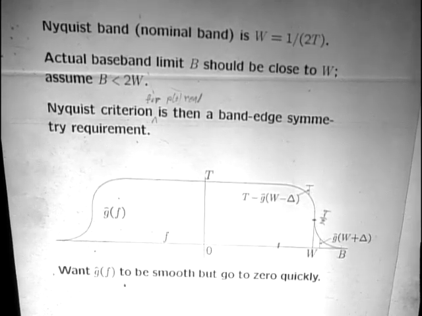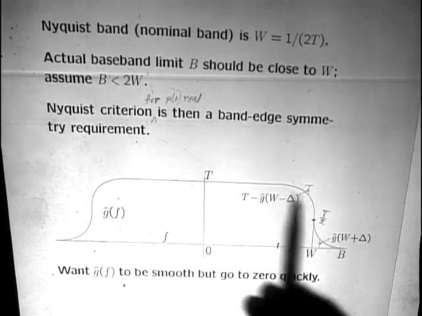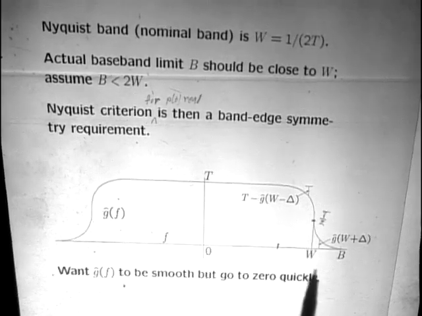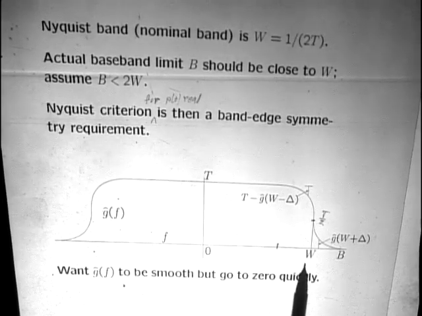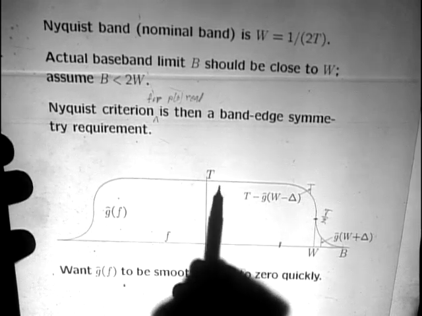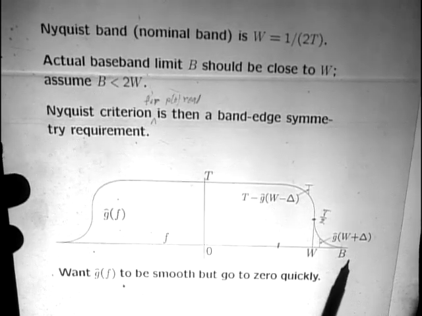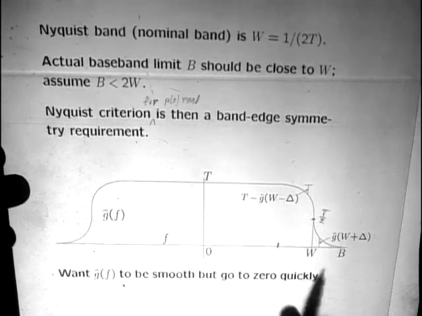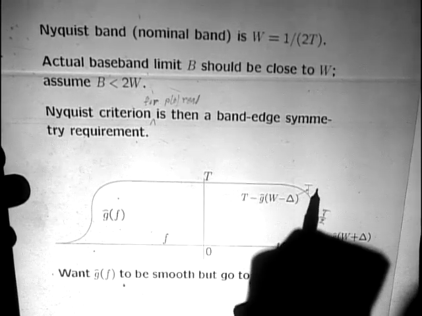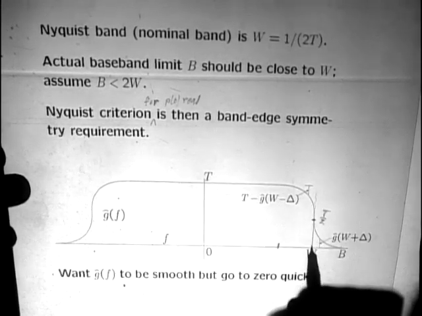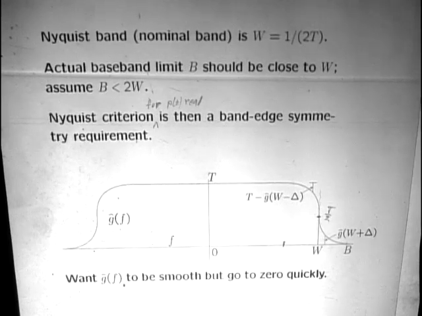Okay, so what we want to do then is to design something where B is just a little bit more than W, but where also we get from T down to 0 very quickly. We could just use the square pulse to start with, and what's the trouble with that? This rectangular pulse, its inverse Fourier transform is the sinc pulse.